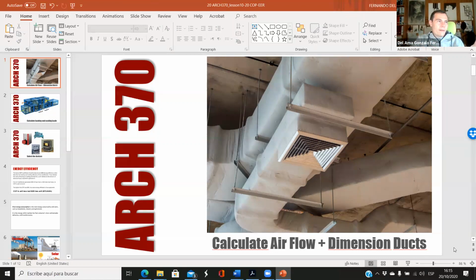So we have like 1,000 or 1,300 feet per minute when the duct is close to the air handling unit, and we go down until, let's say, 200 feet per minute when the duct is close to the diffusers. Okay, so keeping those numbers in mind, it's fine.